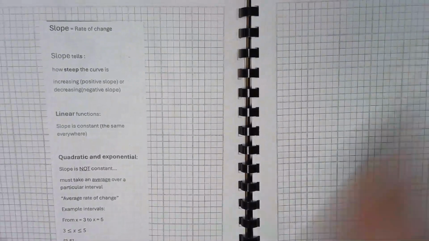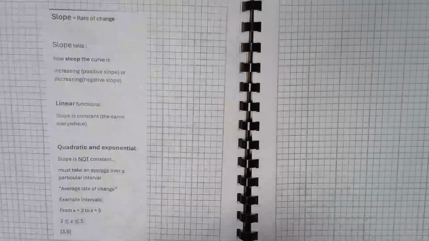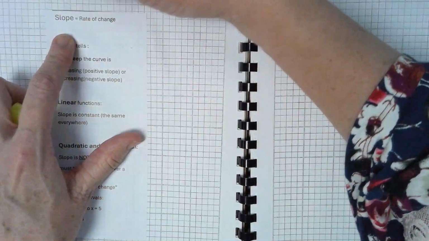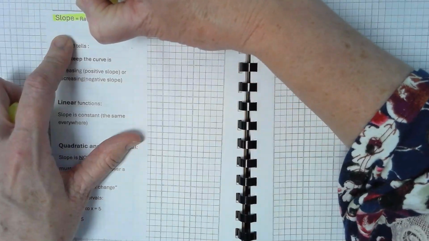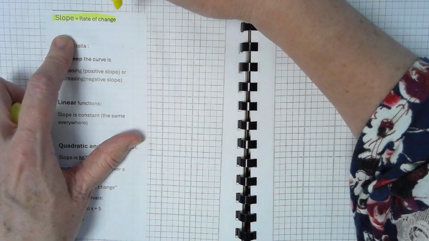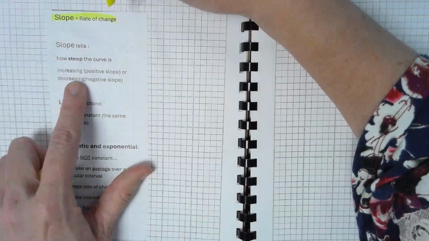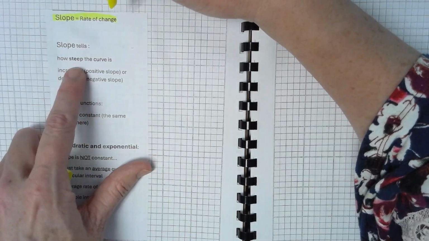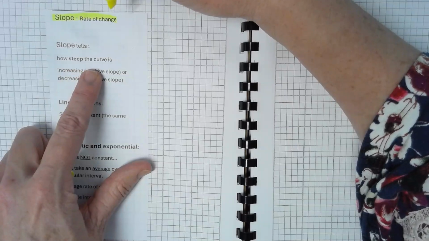The first thing I need you to realize is we're gluing this so that it acts as something for us to read and as a reminder. It's not just a glue to glue. We're getting ready to look at the slope for these graphs. Keep in mind, slope tells you how steep the curve is.